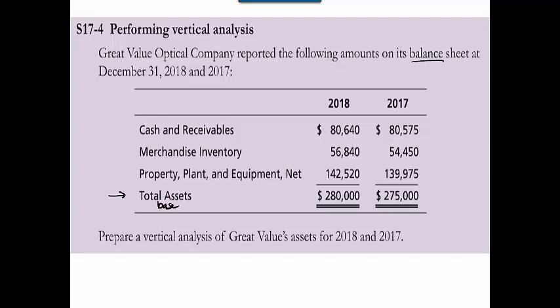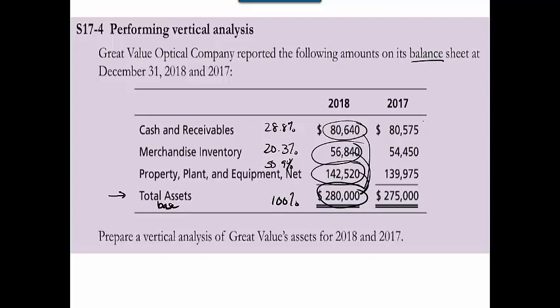So I'm going to show everything as a percent of total assets. 80,640 divided by 280,000 times 100 is 28.8%. 56,840 divided by 280,000 times 100 is 20.3%. And 142,520 divided by 280,000 gives me 50.9%. And then this is obviously 100 because that's the base.